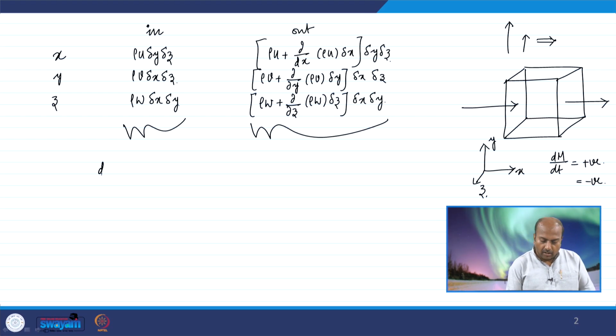So, we can write the rate of change of mass inside the control volume, dm by dt, is whatever is going in minus the fluid mass that is going out.